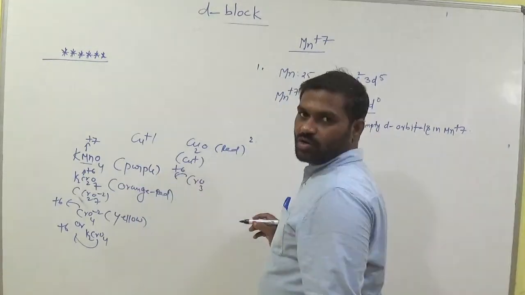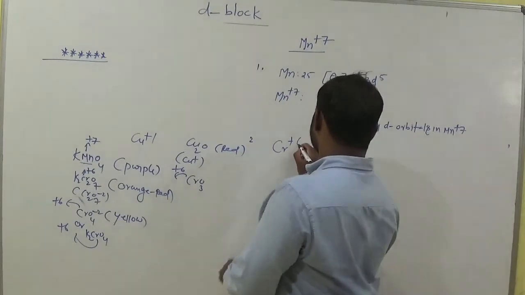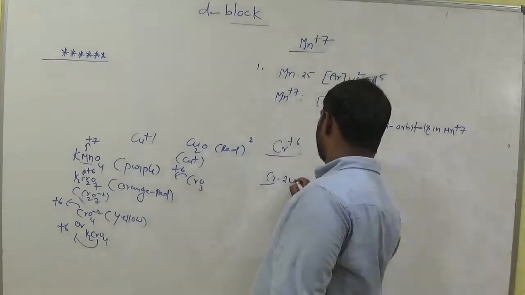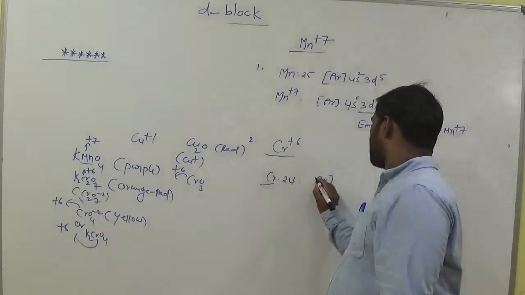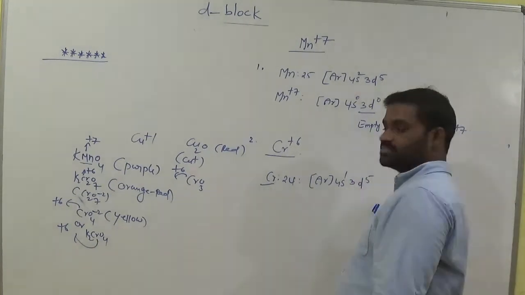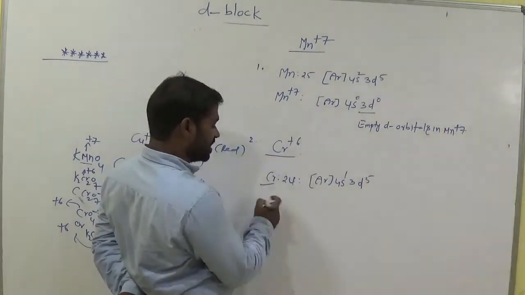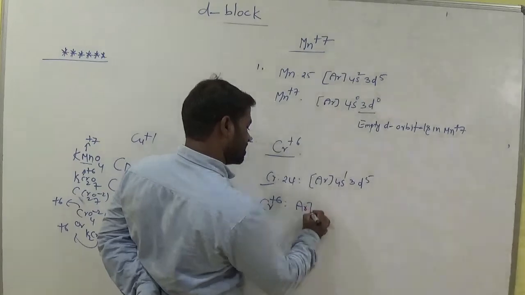Chromium plus 6. What is its atomic number? 24. Write its electronic configuration. That is argon 4s1 3d5, am I right? Now chromium plus 6 means we have to remove 6 electrons. What is the electronic configuration?